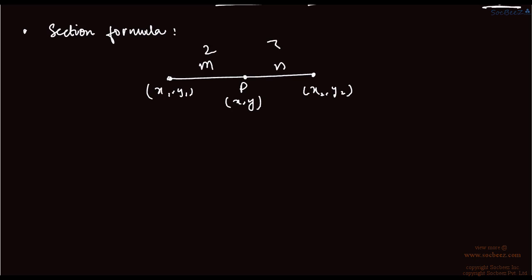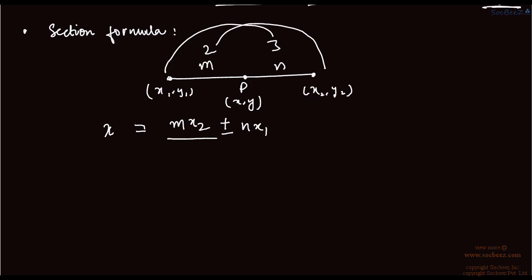Okay, let's say 2 is to 3. So the coordinates of this point will be, x will be (m x2 plus minus n x1) upon (m plus minus n). Minus is for if it divides the line from outside.